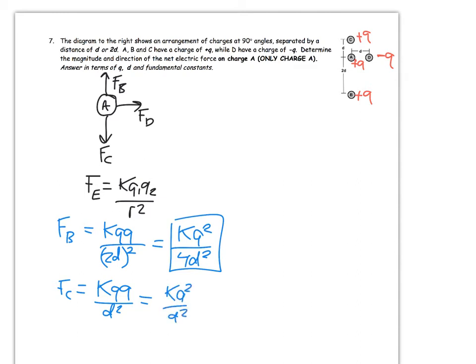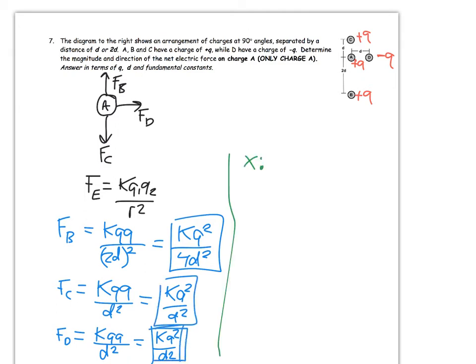And for the force from D, it's going to be kQQ. We don't have to worry about the sign there because we already dealt with the sign in terms of our direction, all over D squared, and so we get kQ squared over D squared. We're now going to think about the net force in both the x and the y direction.